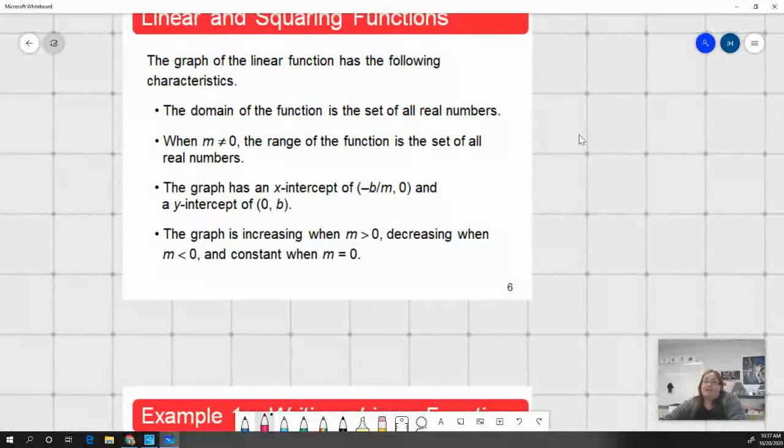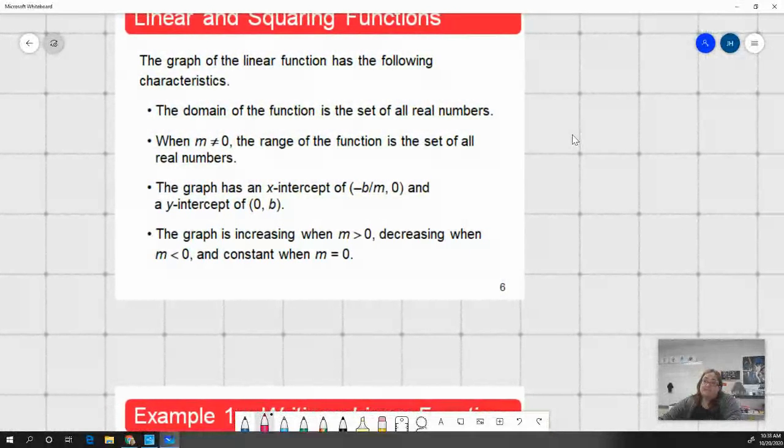The graph has an x-intercept. Anytime we set y equal to 0, whatever our x becomes when y equals 0 is our x-intercept, right? And our y-intercept is always the b in y equals mx plus b.